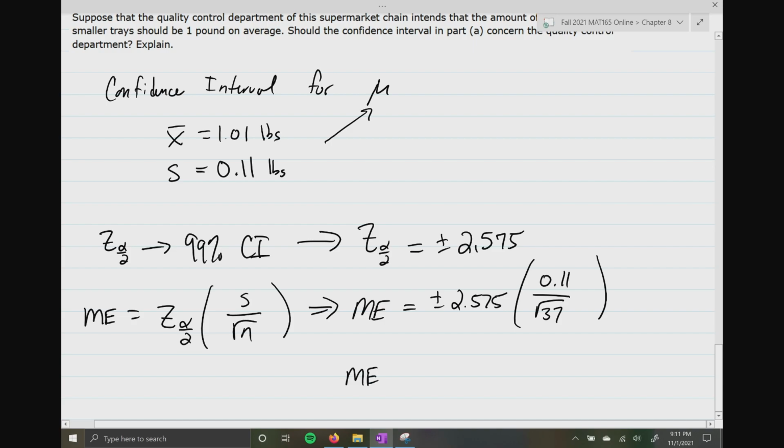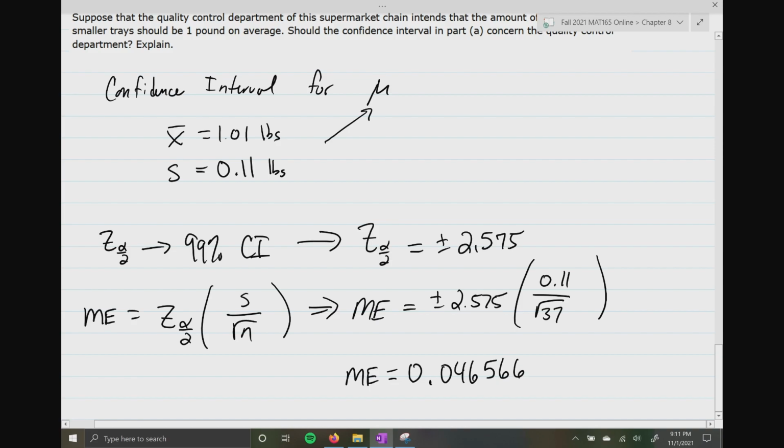So I'm going to type that into my calculator. 2.575 times 0.11 divided by the square root of 37. I get 0.046566. Remember, keep more decimal places than what you need.